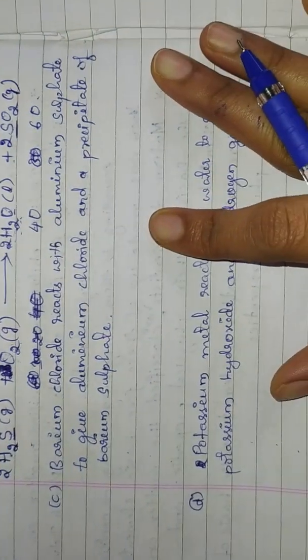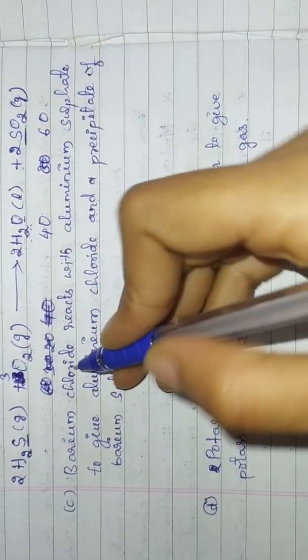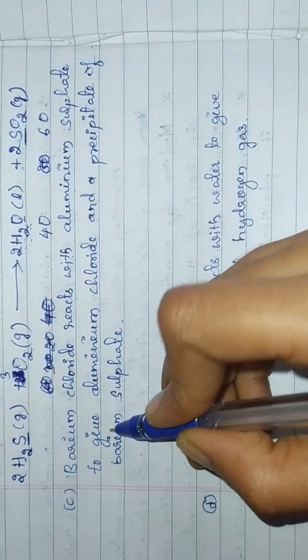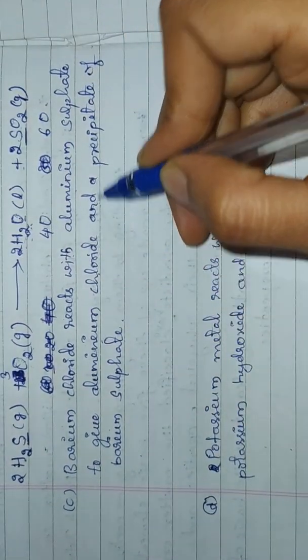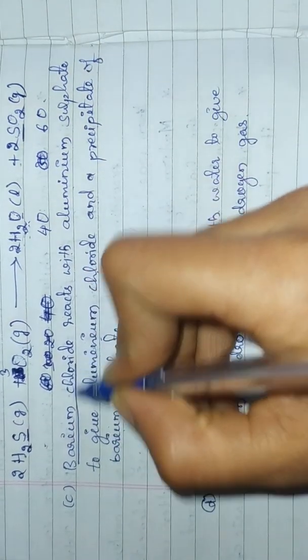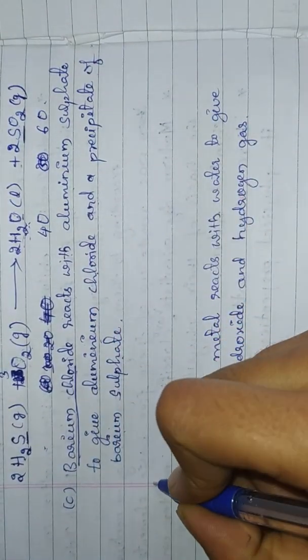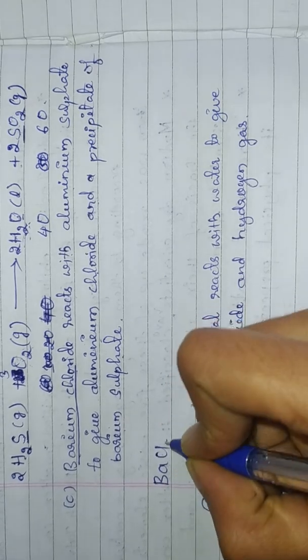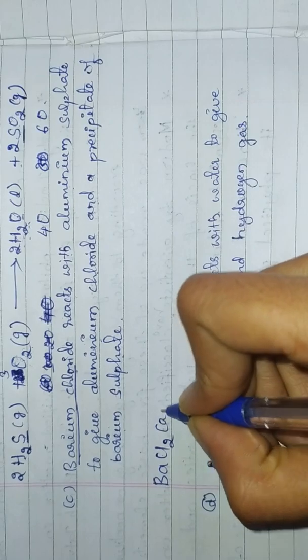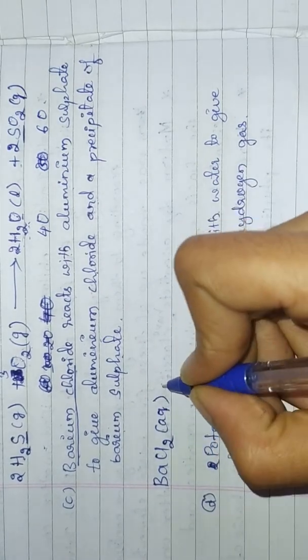Okay children, next we will see barium chloride reacts with aluminium sulfate to give aluminium chloride and precipitate of barium sulfate. See the chemical formula of barium chloride. It is BaCl2. It is a solution, therefore we will write aqueous solution.